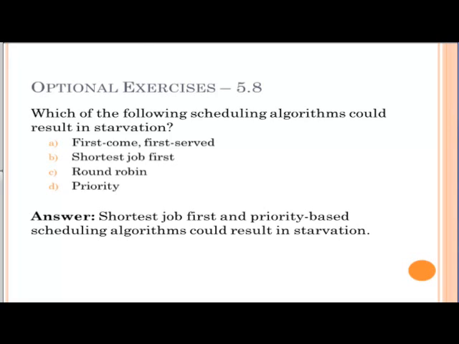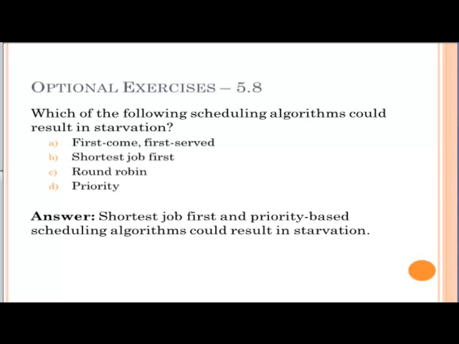The reason why first come, first served won't is because it will be completed and the next one will continue. Shortest job first will switch the processes that are there. So if you have a long process and there are always short processes coming in, they will always jump over the long process. And if short jobs keep coming in, that long process will never get done. So that is why that's starvation.